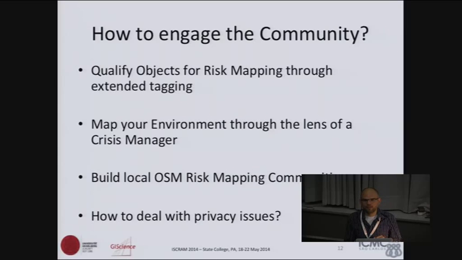So with this more specific type of tagging of objects, like, for example, elevated floor, the state of the building or the age of the building or something like this, if you start to map this systematically, this may raise privacy concerns from people that have their houses mapped, and this can be, for example, used also by insurance companies or for other purposes.